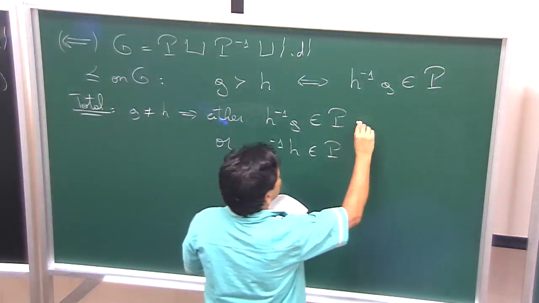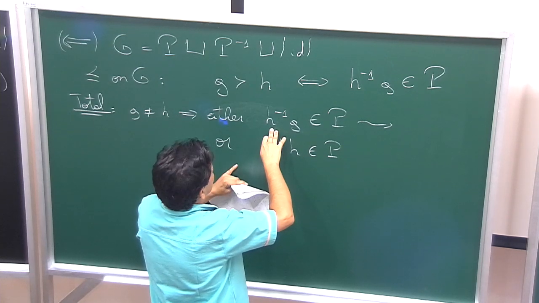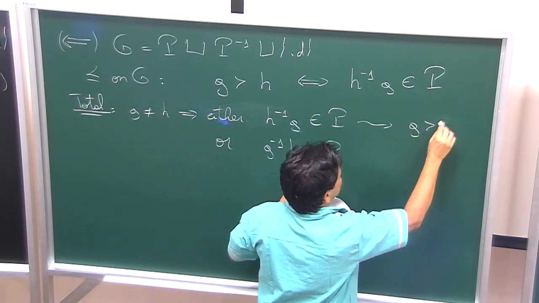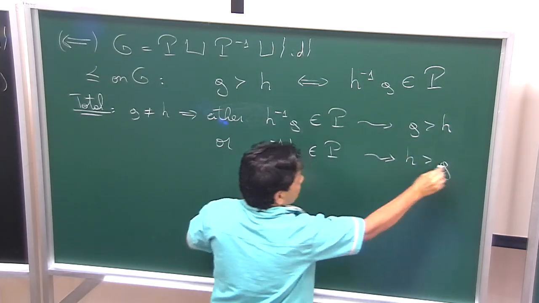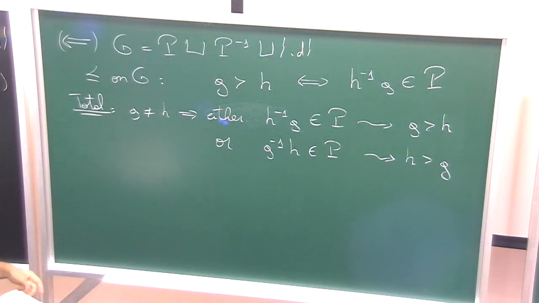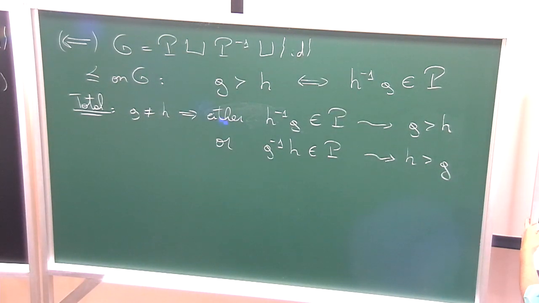In this case, the definition says that G is larger than H. And in this case, the definition says that H is larger than G. So you can compare any two different elements. Okay? And the other condition is the transitivity of the order that you produce this way.